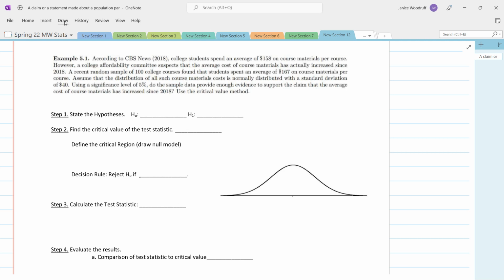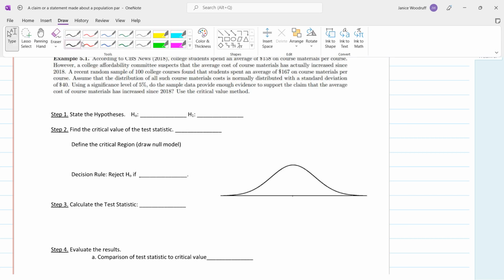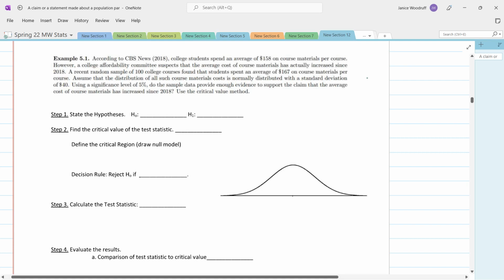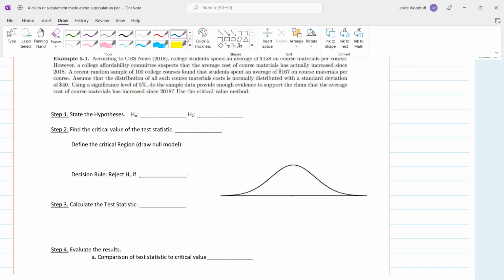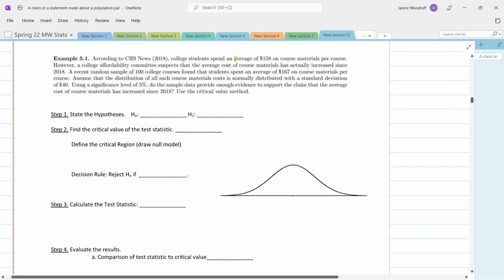Okay, so what we are given here, first of all, let's go ahead and write that down. We have an average of $158 per course material. They suspect it's actually increased.